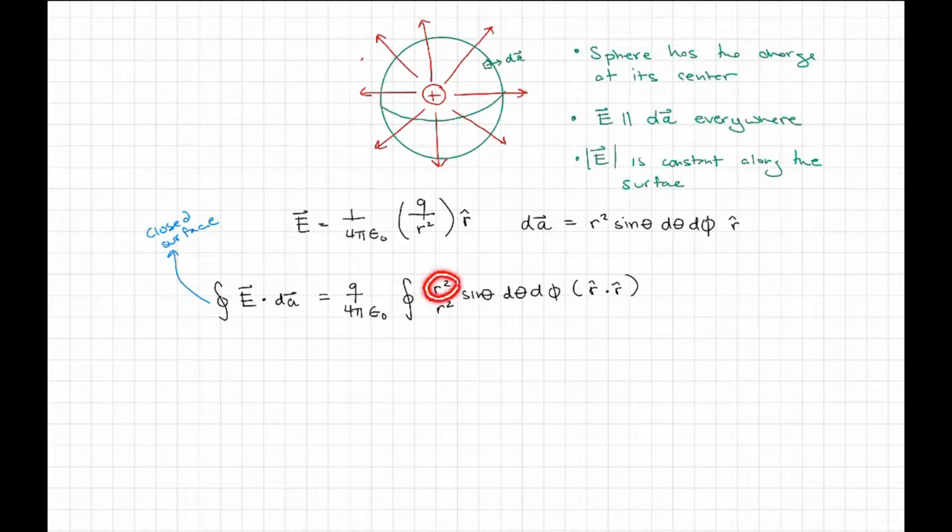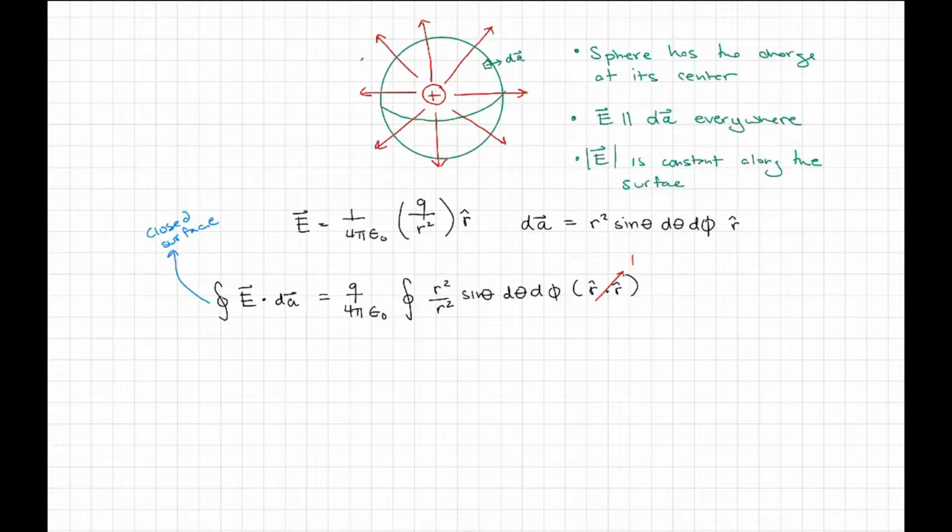Okay, this guy came from here. Remember, I'm dotting the electric field with this area vector, and these two things are vectors. Both of them are in the r hat direction, so that gives me this bit right here. Since these two are in the same direction, the dot product of them is just going to be their magnitudes multiplied by each other, or just 1.